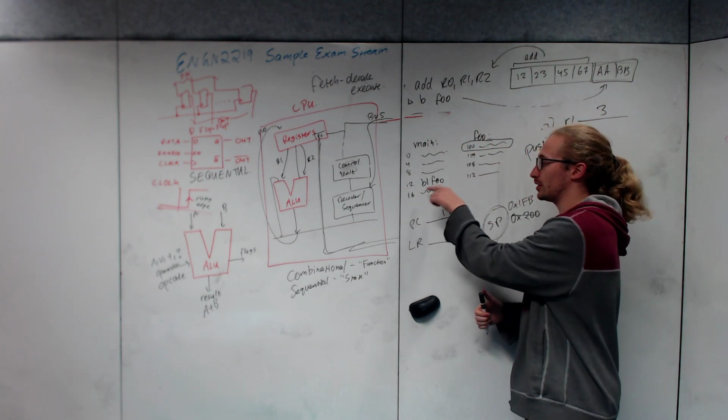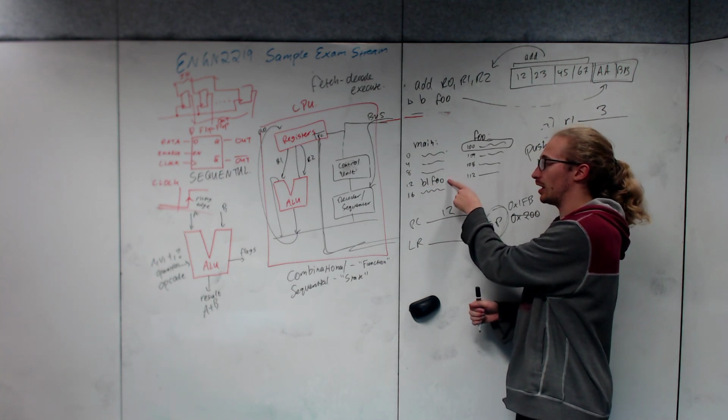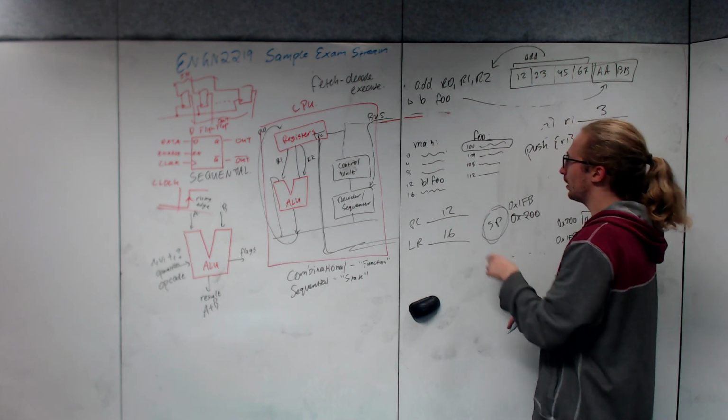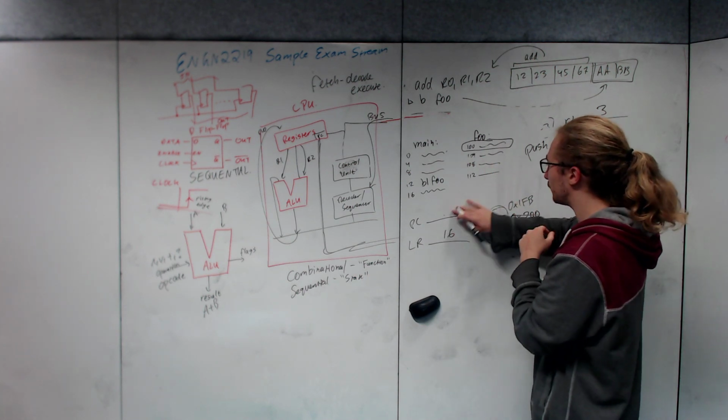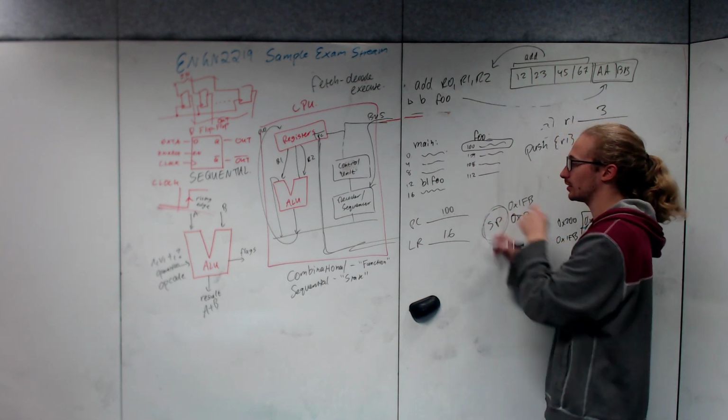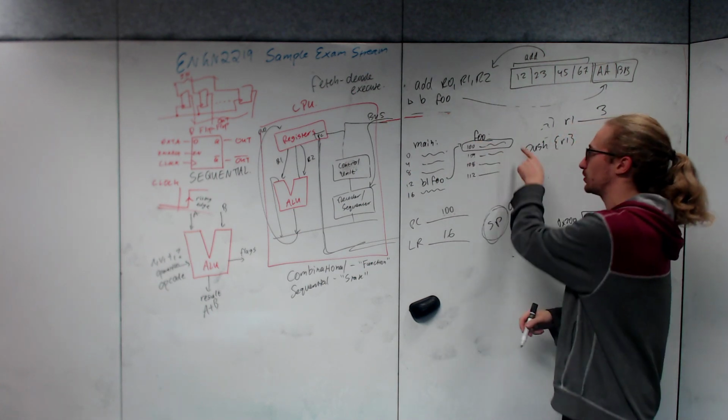I store the address of the next thing after this, which is 16, in the link register, and then I jump to line 100. So the program counter is modified, and the program goes whoop, and jumps up to here.